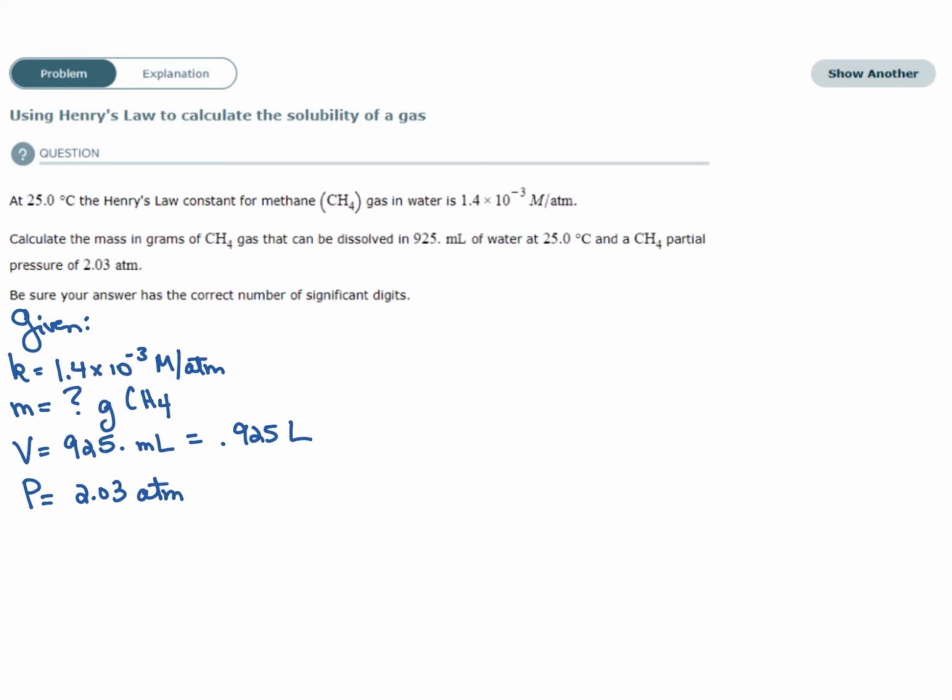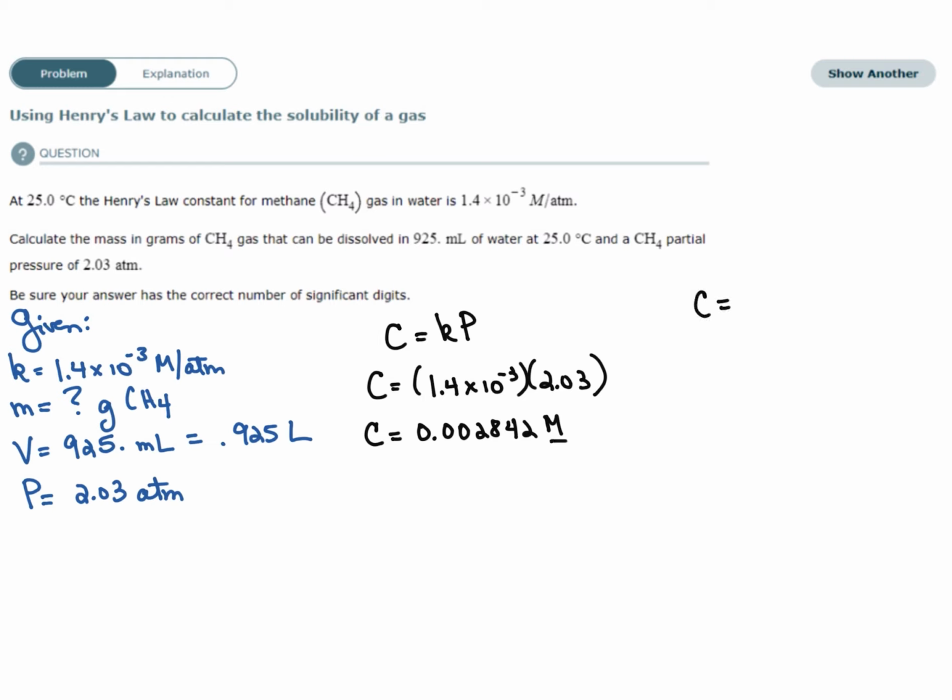I want to start off with Henry's law equation, which is concentration is equal to the constant times the pressure. The atms cancel out, so my final answer will be in molarity. And concentration is in molarity, so that's just moles over liters.